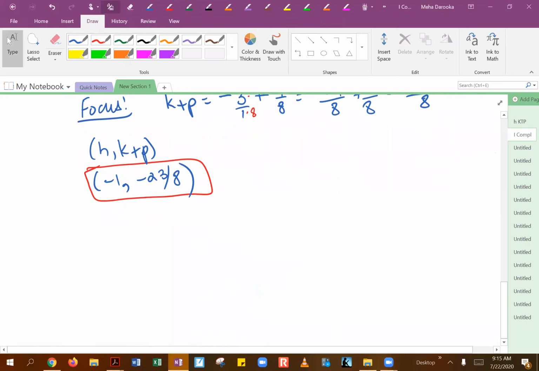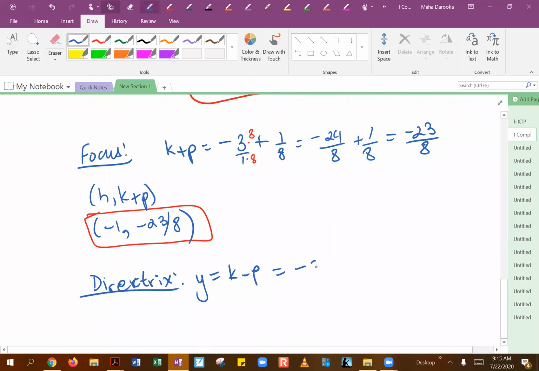So again, using the same definition for our directrix, you basically need to find what k - p is. So same calculation you did here, except it's going to be -3 - 1/8. So obviously, you would still find your common denominator, and what would this end up giving us?